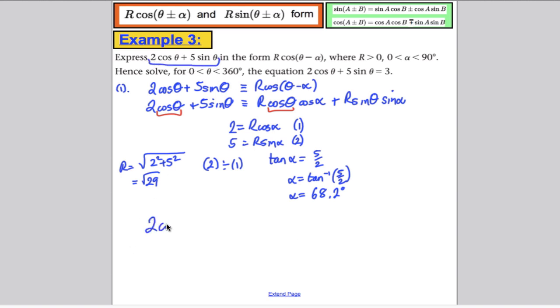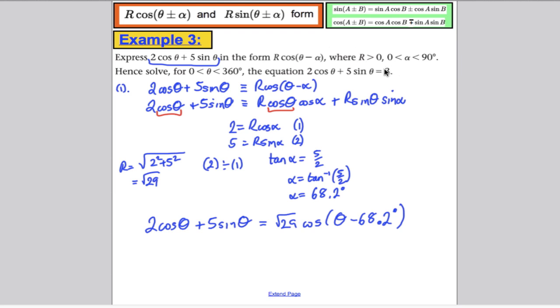So 2 cos theta plus 5 sine theta is therefore the same thing as root 29 cos of theta minus 68.2 degrees. And we have done the first part.